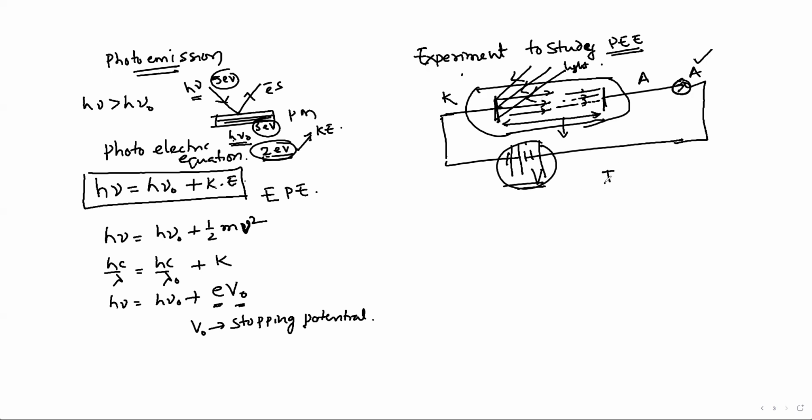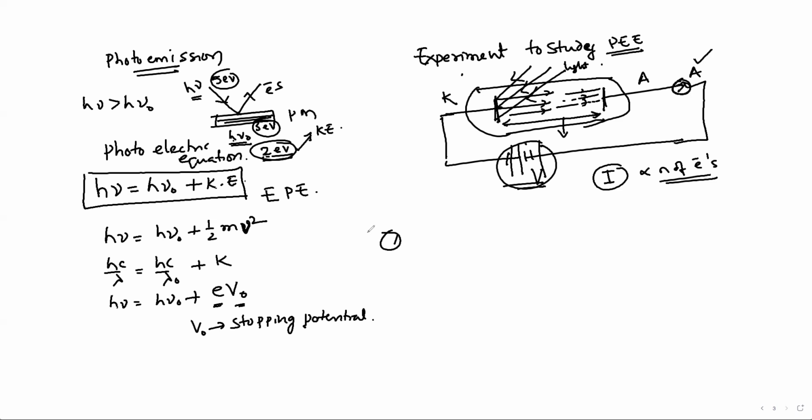The current depends on the number of electrons collected. If the number of electrons is more, the current collection is also more. If the number of electrons is less, the current is also less. In this experiment, various factors are studied.